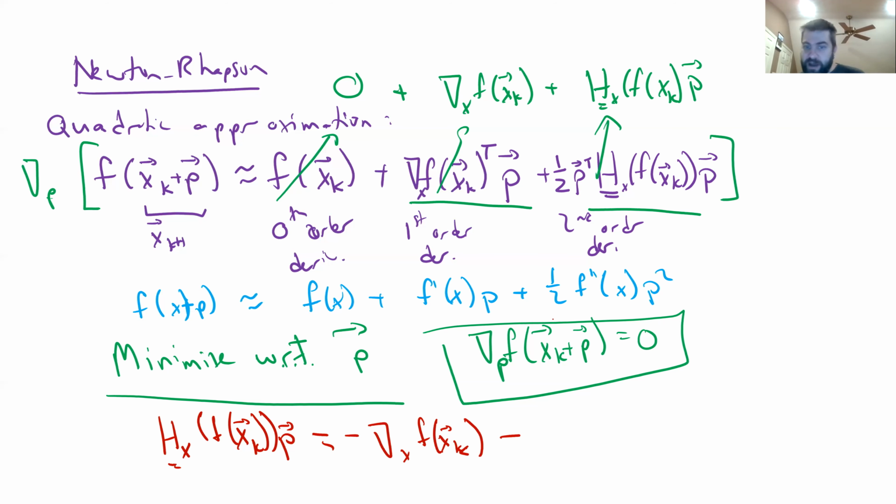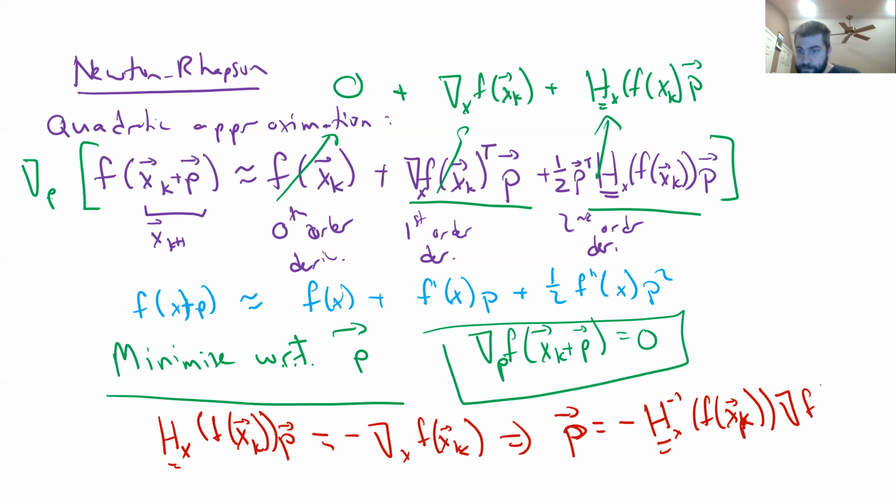Which means we can now isolate P, and P must then be given by the negative inverse of the Hessian matrix multiplied by the gradient evaluated at the same position.